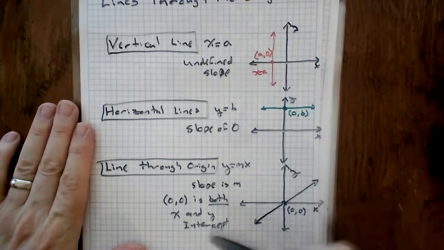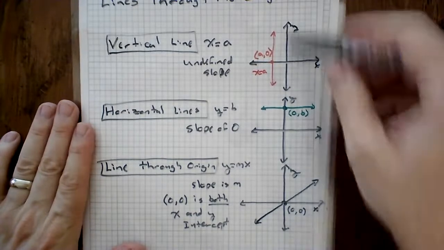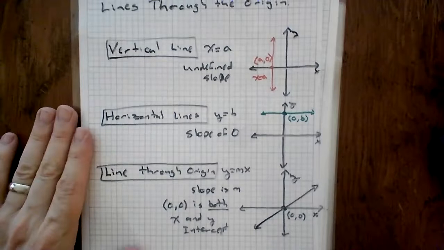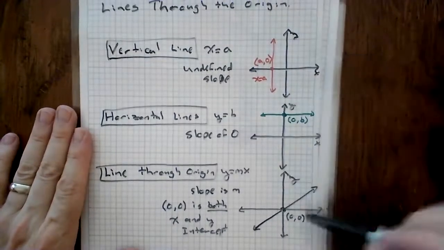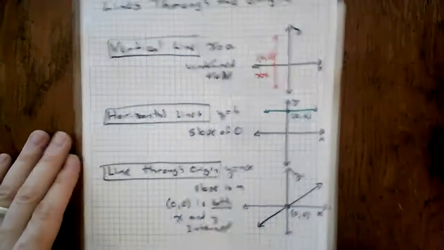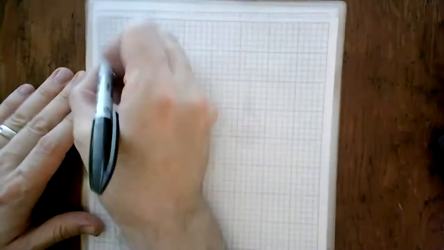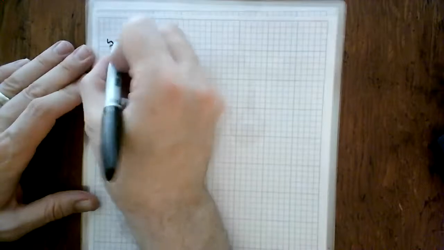So now let's give us a couple more concrete examples of vertical lines, horizontal lines, and lines through the origin. So let's say we've got y is equal to 3.